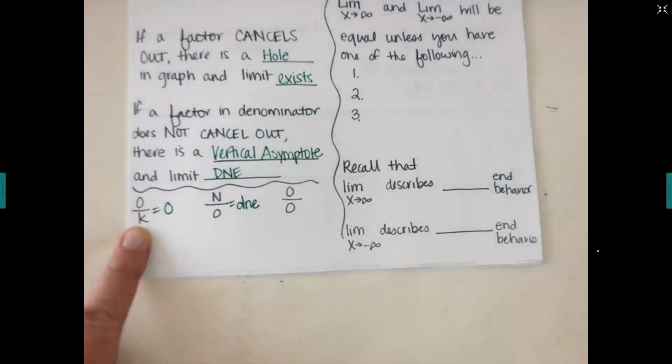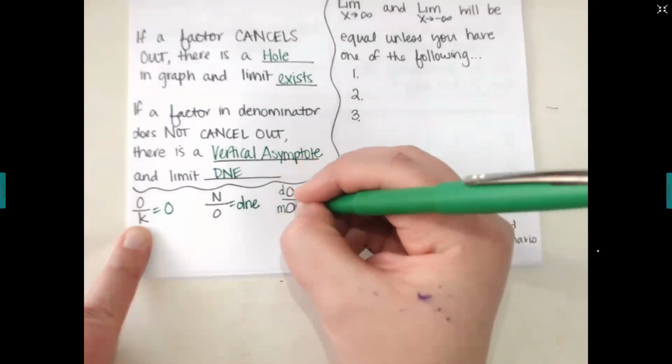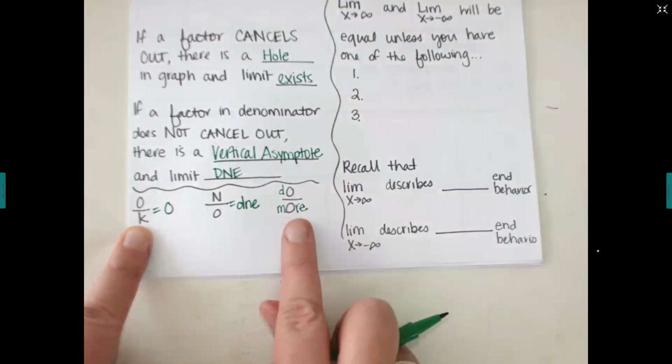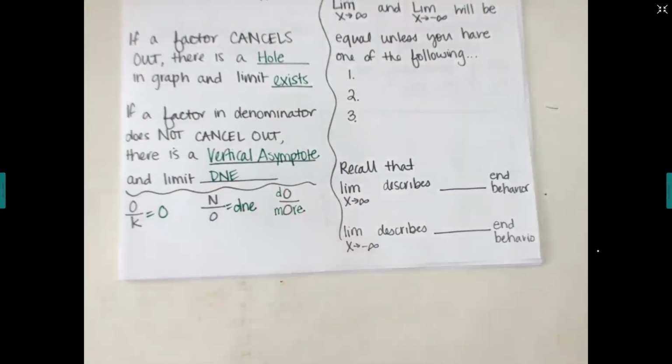The last option is what if you get a 0 on top and on bottom? For my kids, we would say you have to do more. That's the one where you would want to try to fix it. So you can use factor cancel, conjugates. We'll look at several examples of that together just to get you back to thinking about all this stuff. Any questions on that?